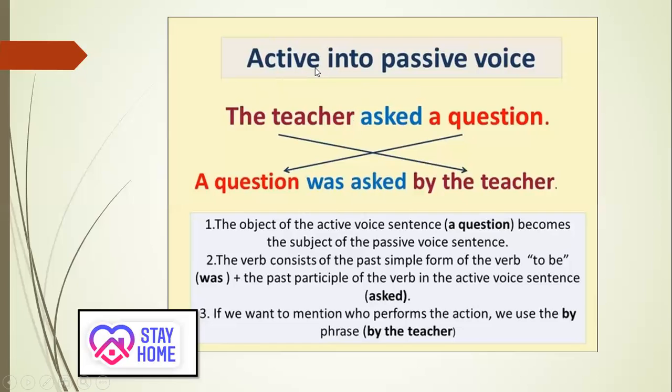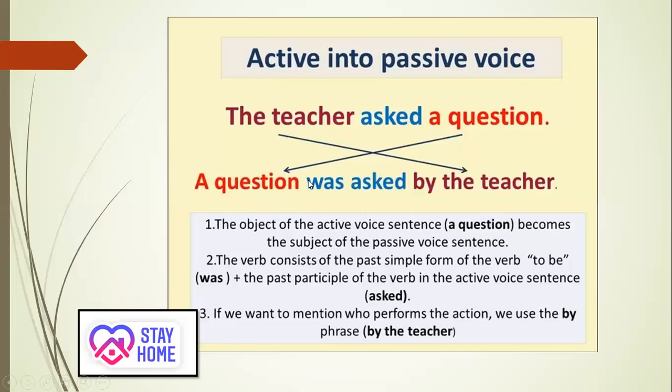Now, how do we change it from the active voice to the passive voice? The object of this sentence, a question, we write as the subject of the passive voice. After the subject, a question, we include the verb to be, but in the past, because that's the topic, the past passive.